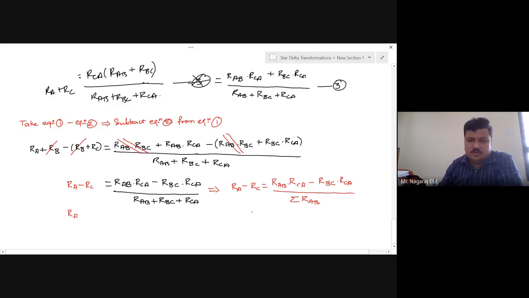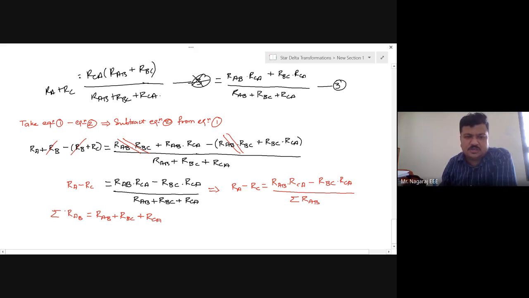Where summation RAB equals RAB plus RBC plus RCA. It is the sum of all the three resistances in the delta formation.